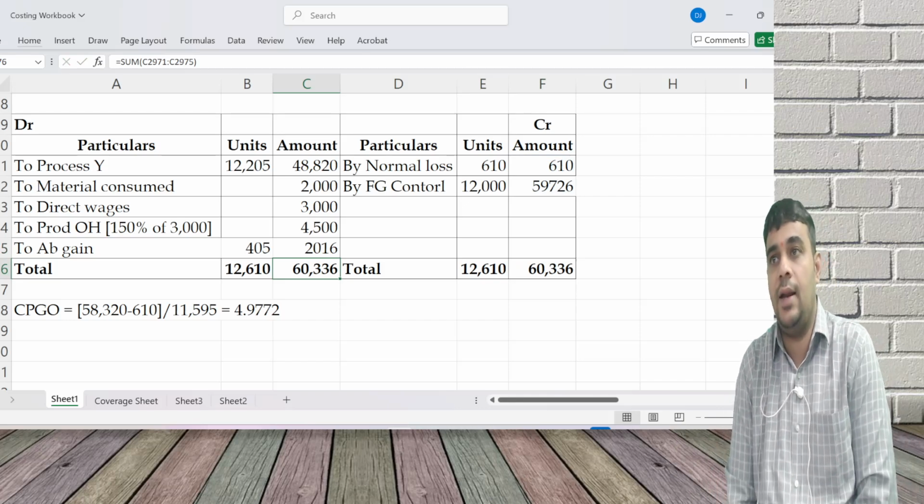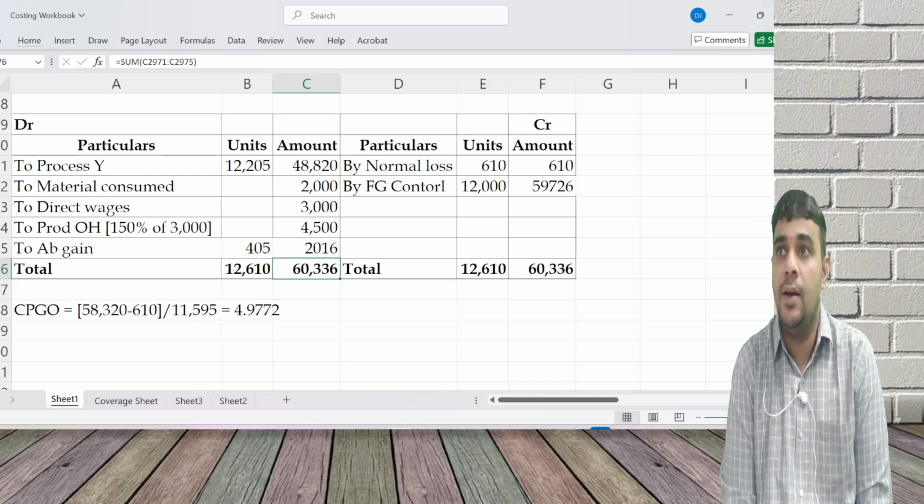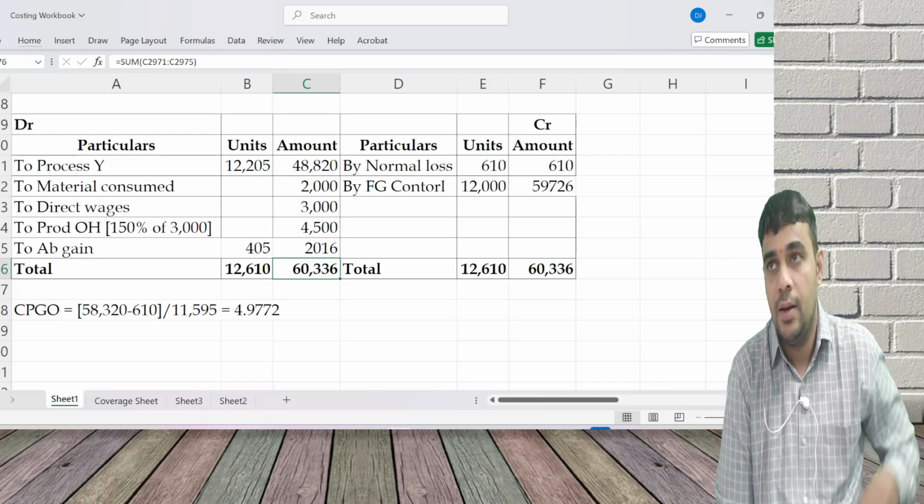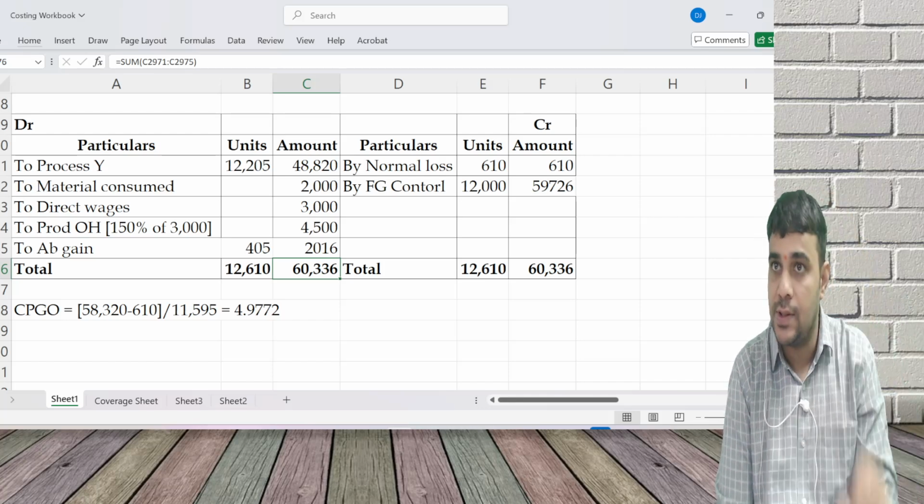Both the sides are tallying. No rounding off challenge coming. 4.9772. Any doubts on this? Clear? Can you proceed?